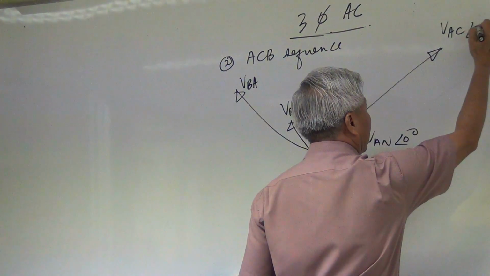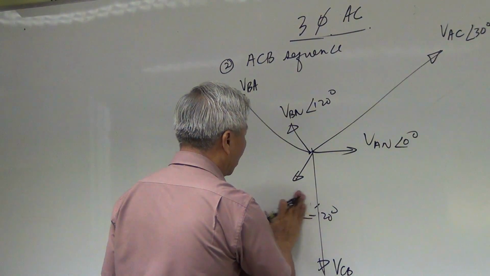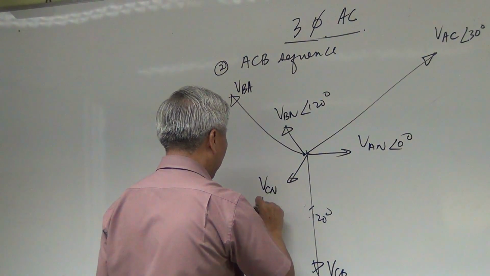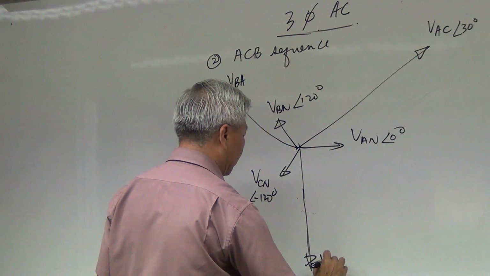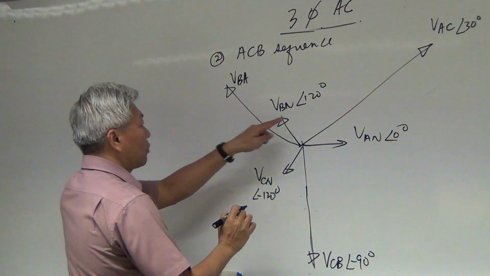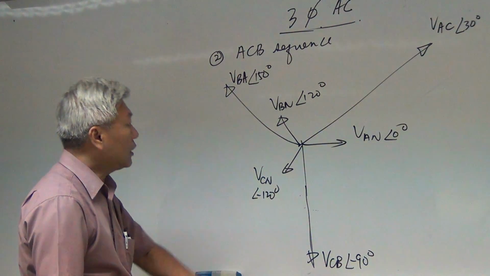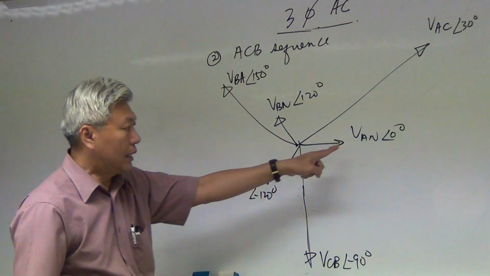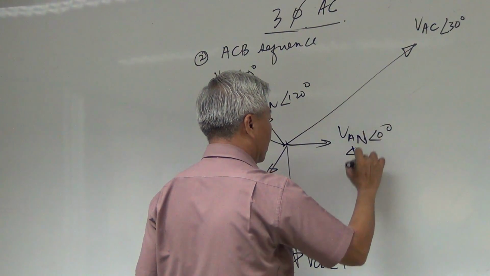Again it is 30 degrees from each other. Here is minus 120, VCN is minus 120, so here VCB is equal to minus 90 degrees. And then here is 120, so here is 150 degrees. So in this phasor diagram, who is the reference? The 0 degree is the reference.